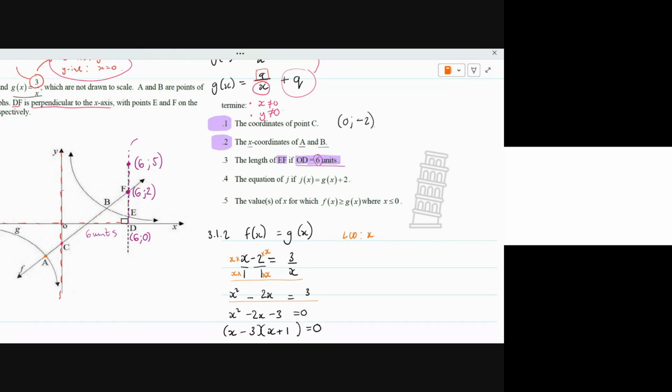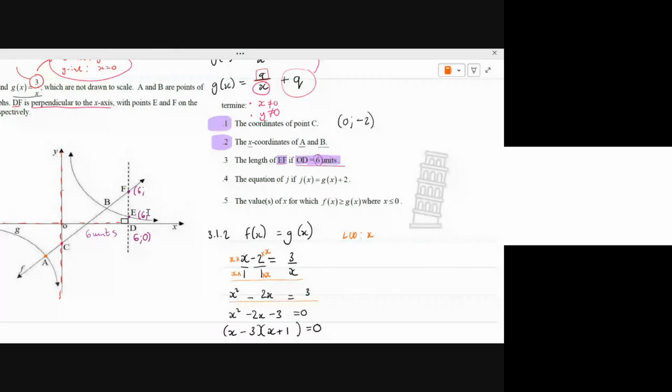Right. So when they tell us that we want the length of EF, if we look at this line properly, we can see that both E and F are sitting on that line. So what are the x coordinates of both E and F? The x coordinates are both 6. Are we okay with that? This is 6.